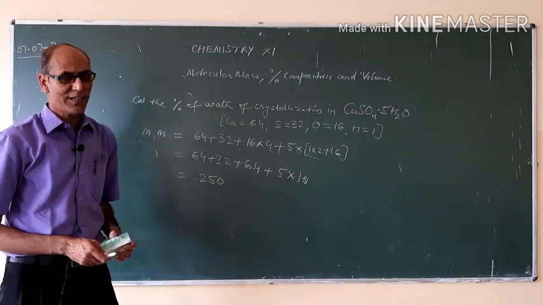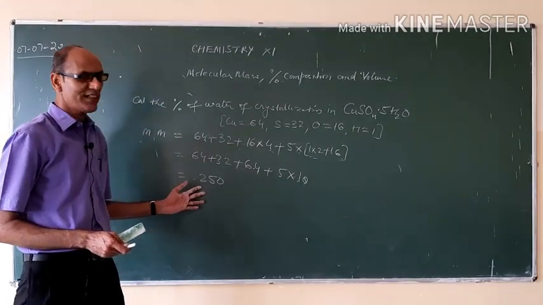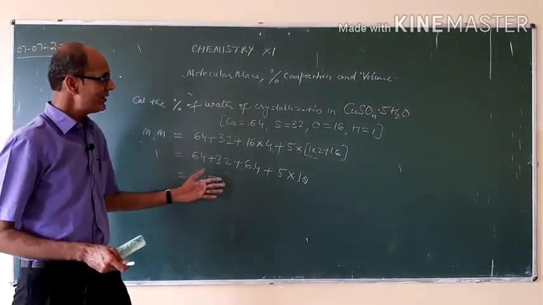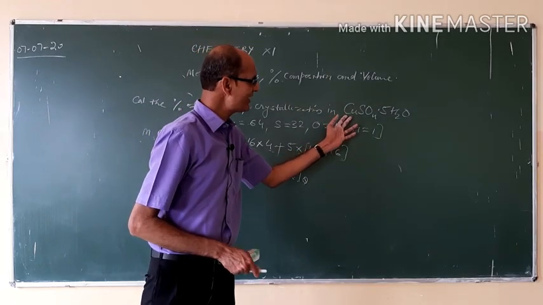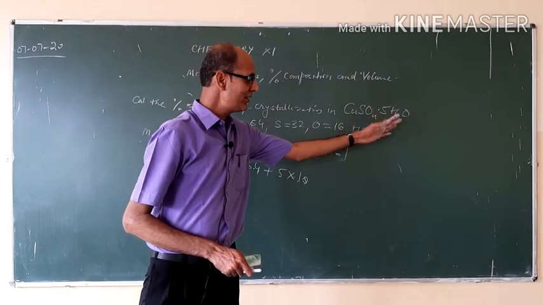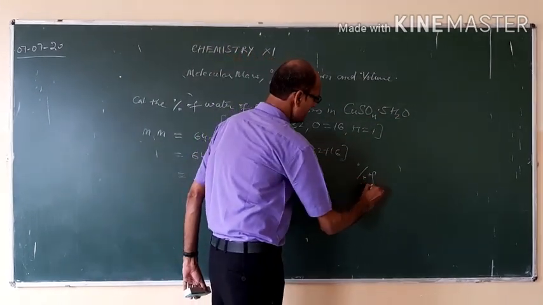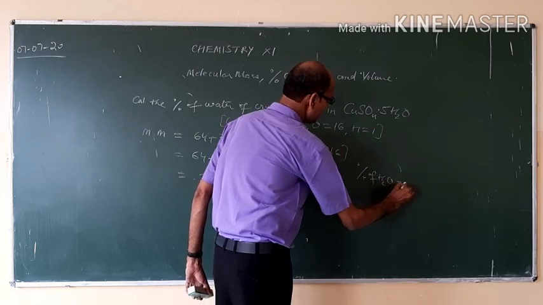And what do you want to calculate? You want to calculate the percentage of water of crystallization. In this formula you are seeing there are 5 water of crystallization. So percentage of H2O, what we have to write?